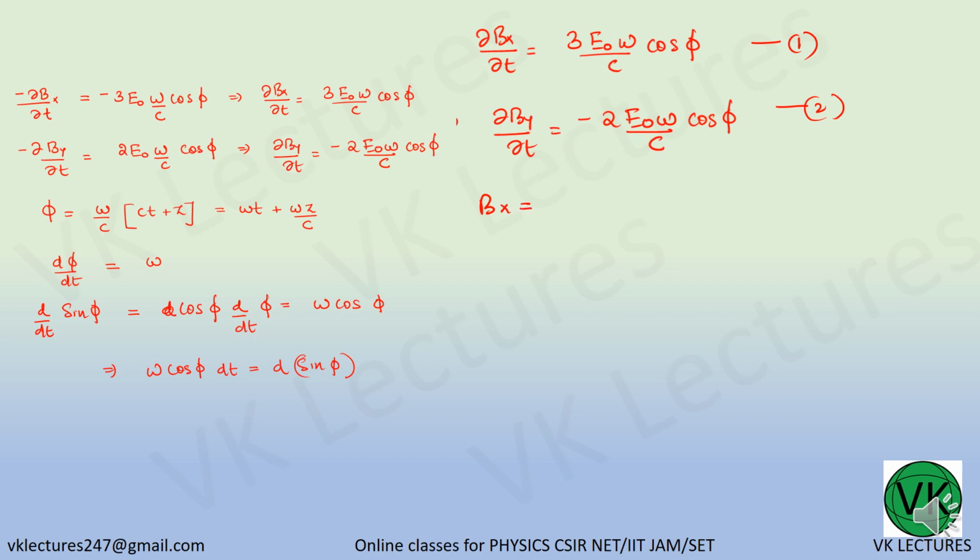Bx is nothing but the x component of the magnetic field, which is the integral of dB by dt, the x component, into dt, that's equal to integral 3 E naught omega cos phi divided by c times dt.